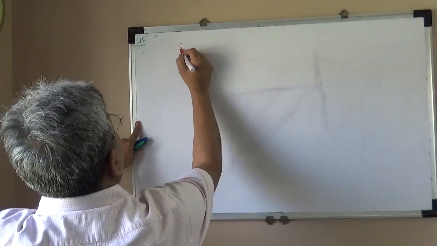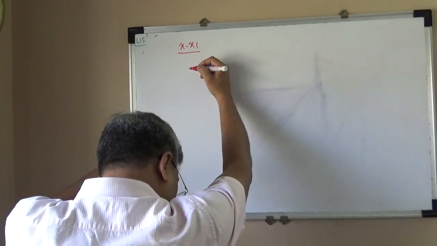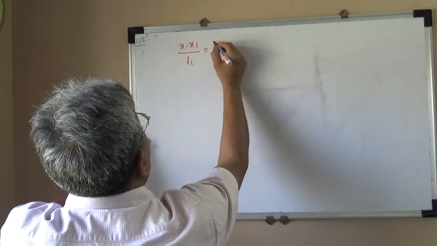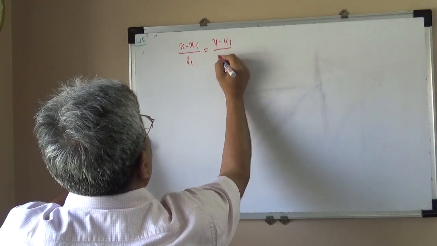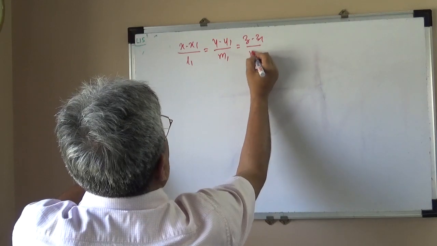x minus x1 upon l1 is equal to y minus y1 upon m1 is equal to z minus z1 upon n1.